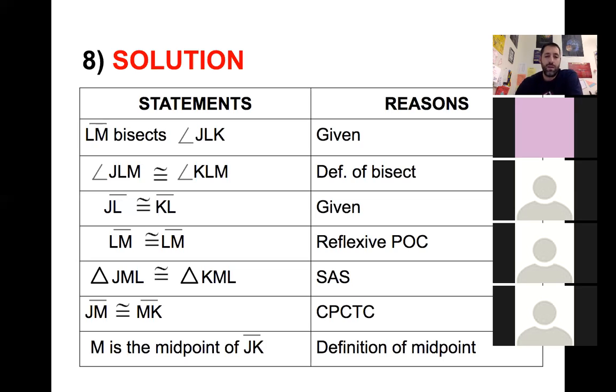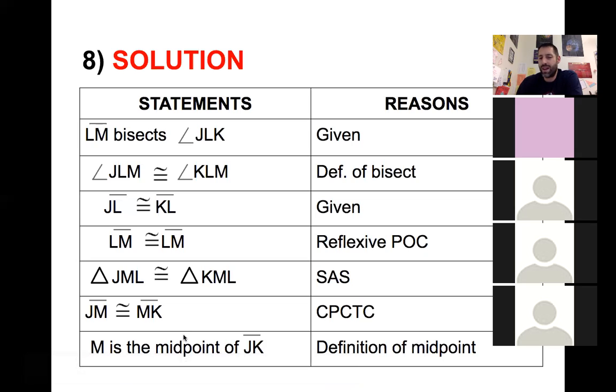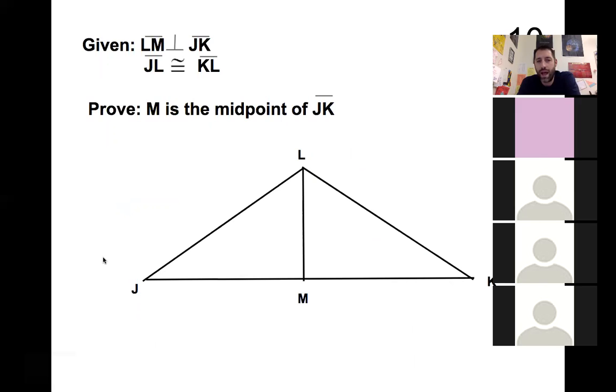Now the next problem uses the exact same diagram, but we're given different facts. So you have to treat it as a different problem. Given LM is perpendicular to JK and JL is congruent to KL, prove that M is the midpoint of side JK.